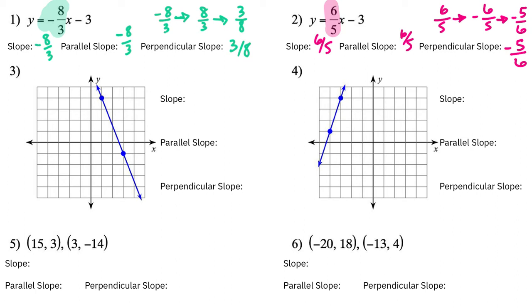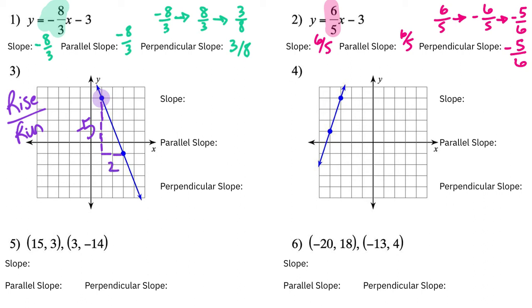When I am finding a slope from a graph, remember we need to start counting. So we think about this as rise over run. We start at the leftmost point, which is this point here, and then we count the number of blocks. 1, 2, 3, 4, 5. So down 5, so -5, and then we run 2.